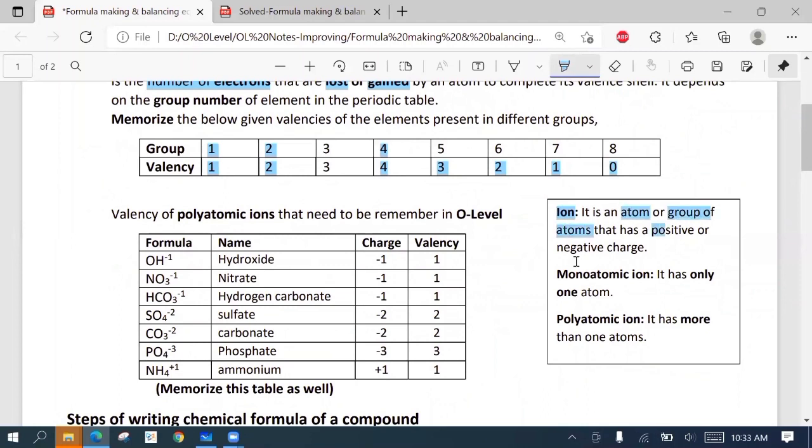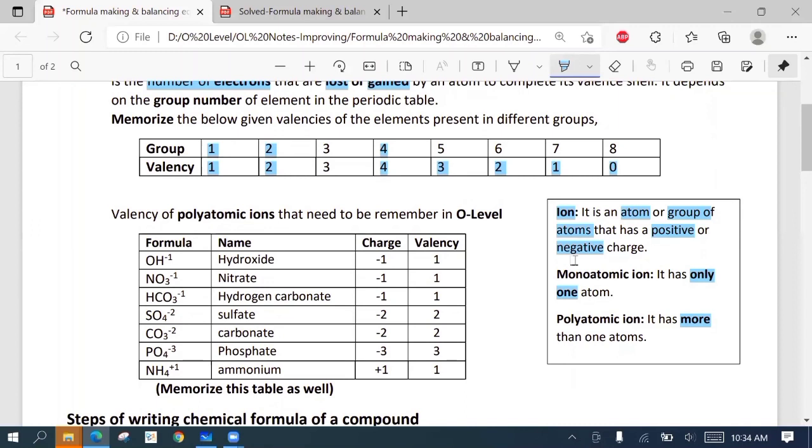If in an ion there is only one atom, that ion is called a monatomic ion, while in a polyatomic ion there is more than one atom. On the left-hand side in the table, there are ions given, and these are polyatomic ions which normally appear in our exam papers.